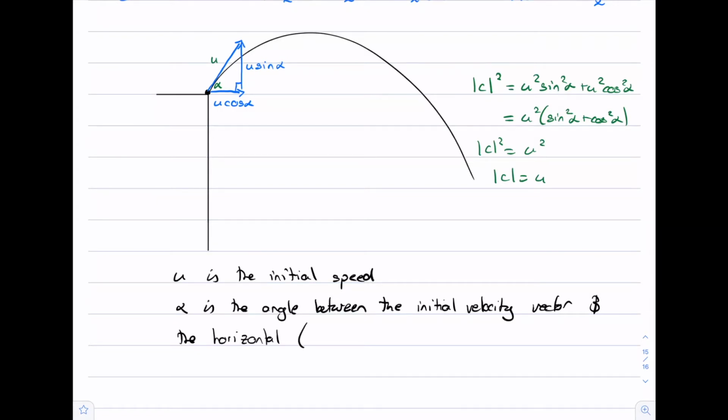Or if you want, you could write that alpha is the angle at which the particle is projected. And that's the end of part 1.